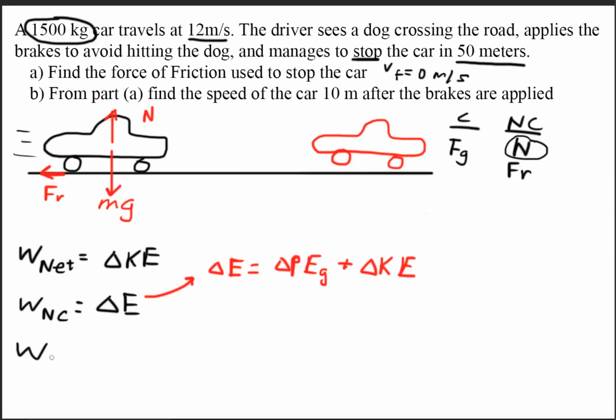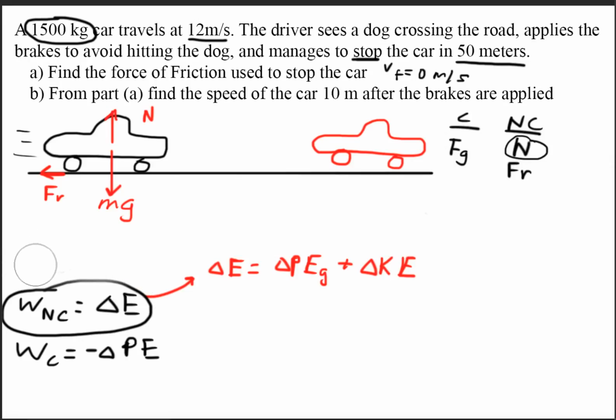Lastly, we have the work done by conservative forces, which is a negative delta PE. For this question, let's use the second work energy theorem I have listed.